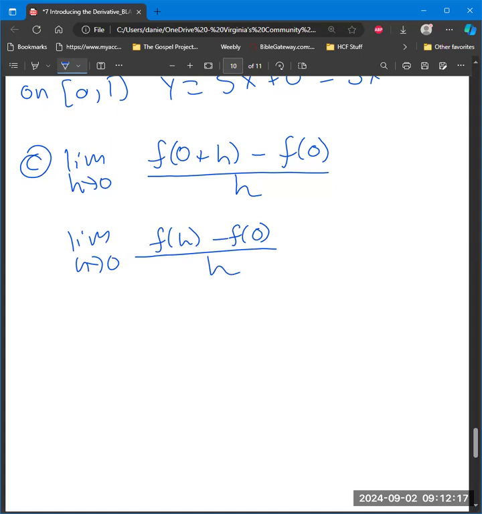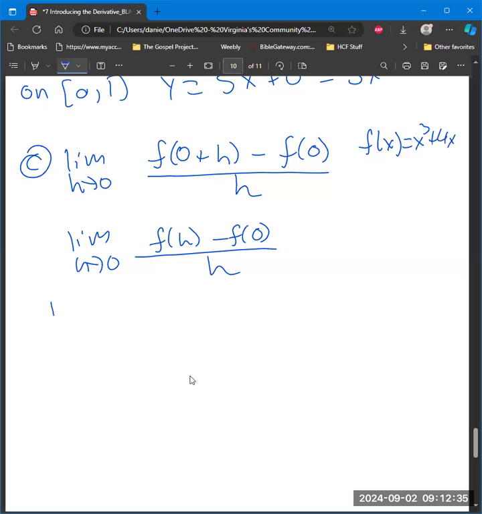And my function here, recall, was f of x is equal to x cubed plus 4x.